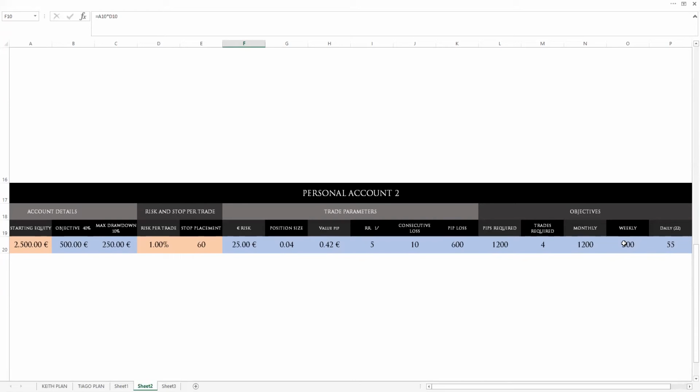Now, 300 pips in a week is maybe not possible in one pair, but if you're looking at 2 or 3 trades in 1 week and you get most of the weekly range of a couple of pairs or 3 pairs, that's pretty possible to achieve.